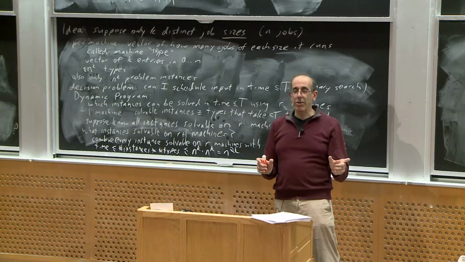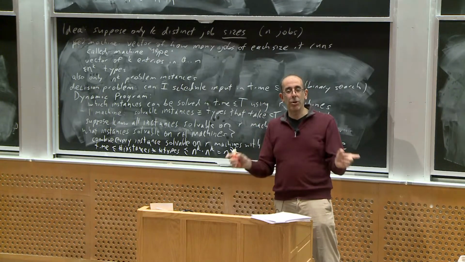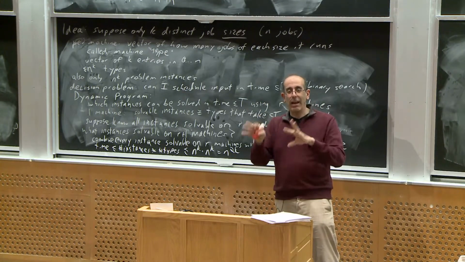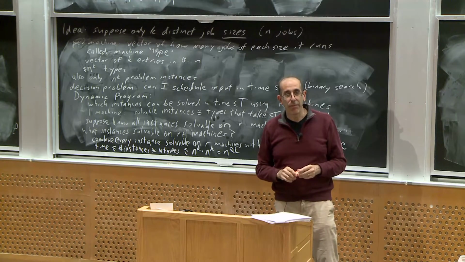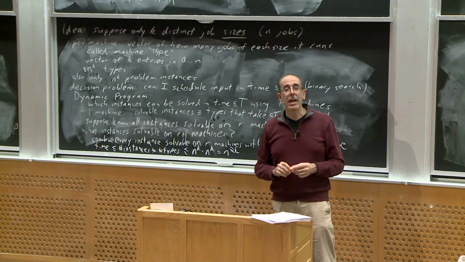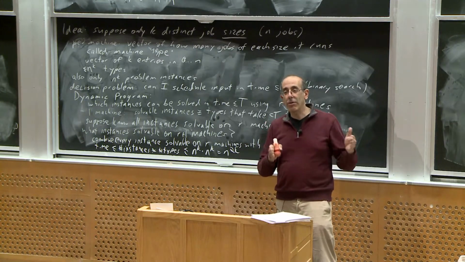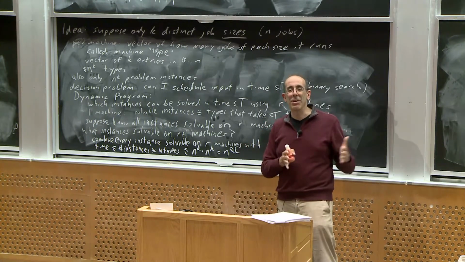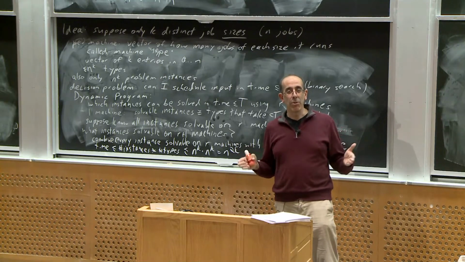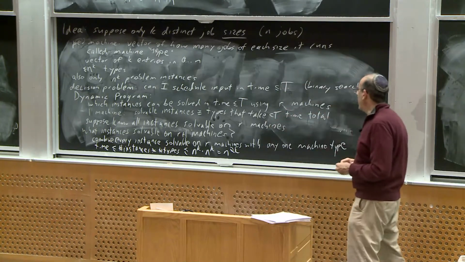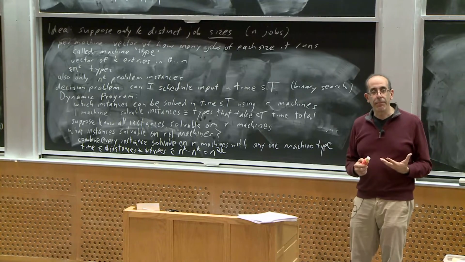So I look at what can be solved with 2 machines, and I put those together twice, and that gives me all the things that can be solved with 4 machines, right? If it's not a power of 2, you can combine the different powers of 2 that you need to make a certain number of machines, right? And if you think about it, that is going to save you time, right?